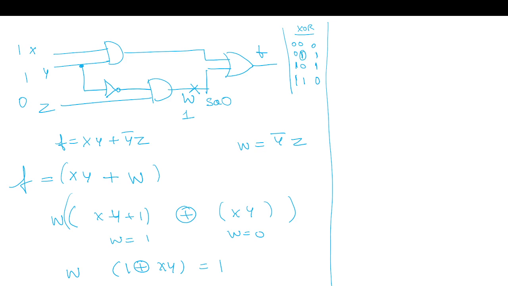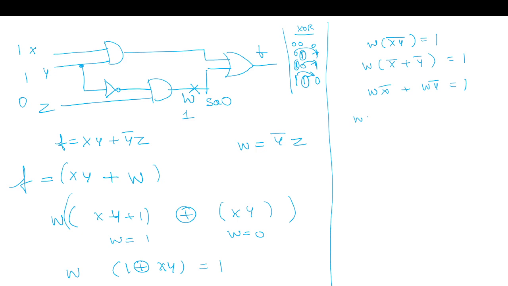So you can see if it is 1, the output is the opposite of it. That means it should be W times xy complement equal to 1. So applying De Morgan's theorem, it's W x bar plus W y bar.